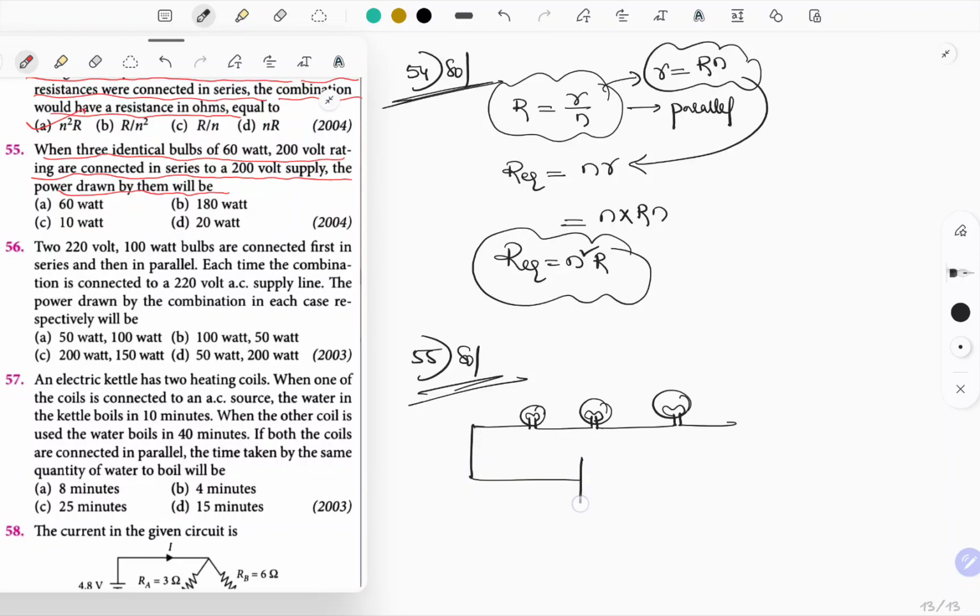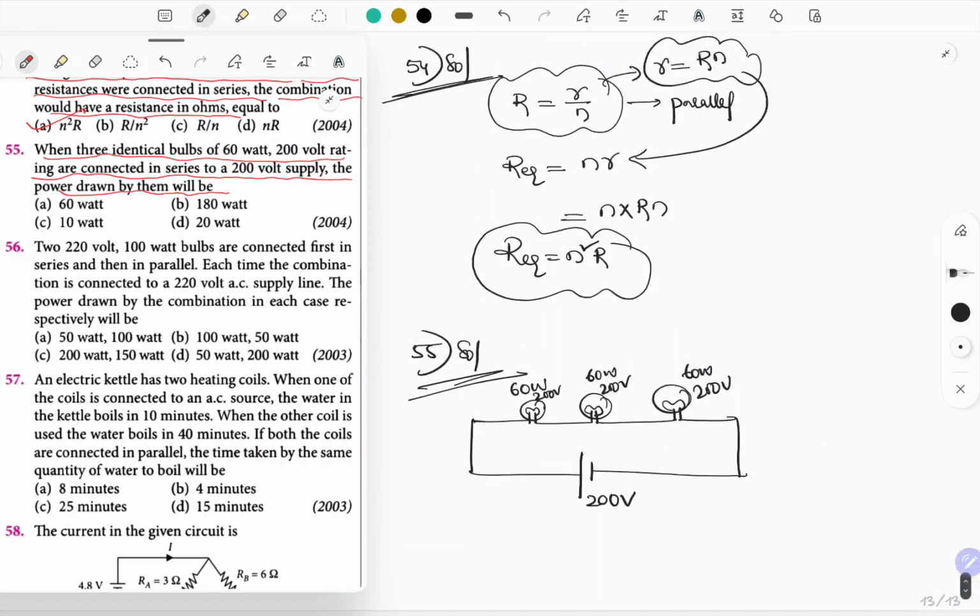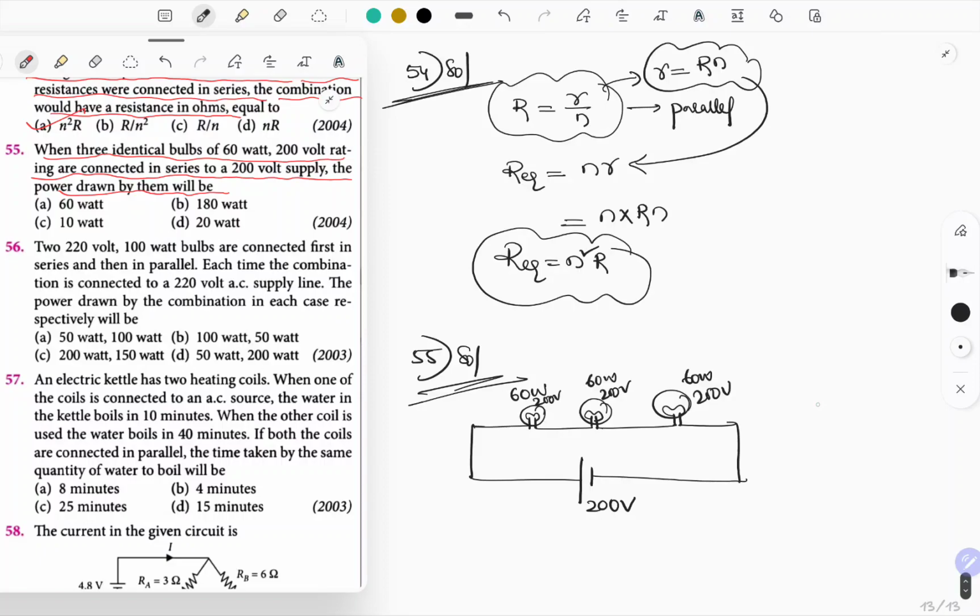So what is the total supply voltage? 200 volts. Each bulb rating is 60 watt 200 volt. Okay. So let's find out the resistance of each bulb.